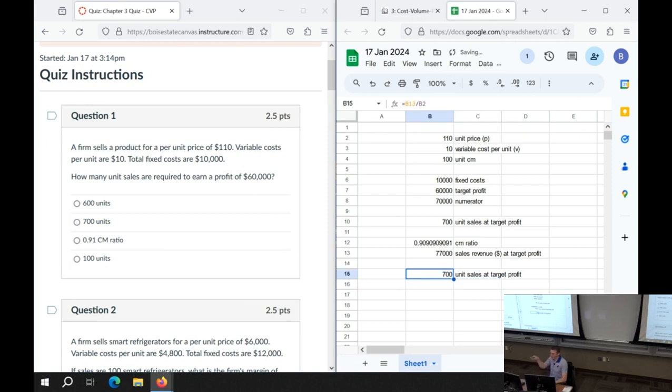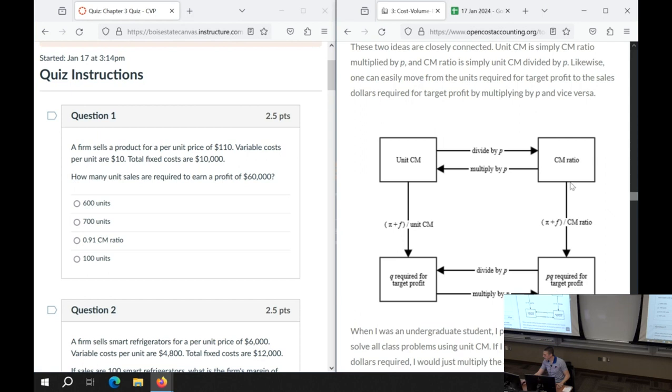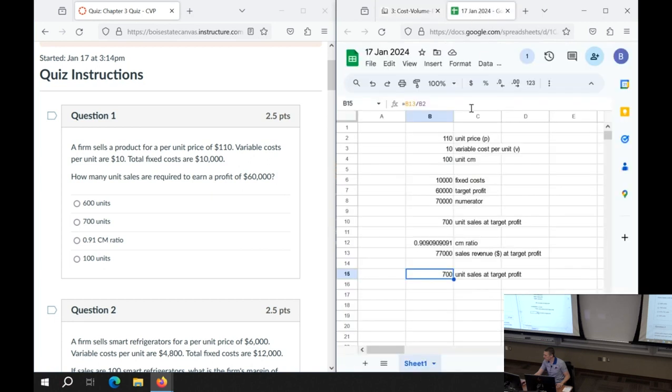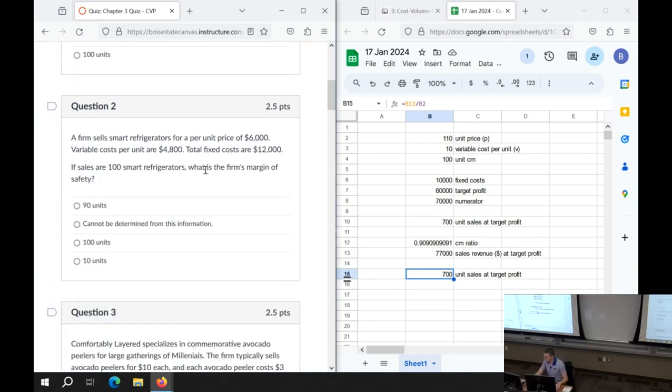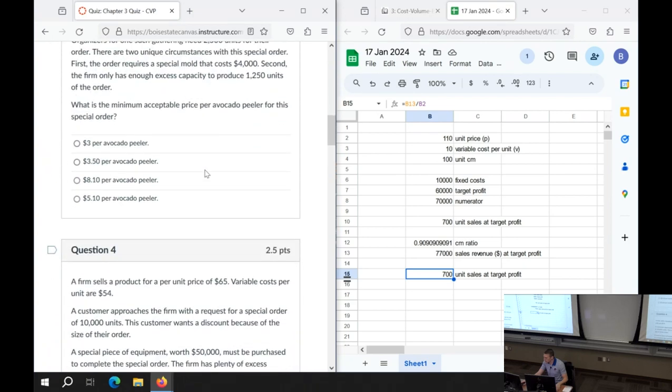So it's this big, lovely, squared circle sort of thing that you can just keep going around and around, figure out what all these are related to, because they're interrelations that are nice, and if you're mathematically minded, it just looks really beautiful to you. So 700. The point is, at the end of the day, that 700 units is the right answer. That's the Q at which we will earn $60,000, given this setup right here. Great, nice and easy. Let's go to a little bit of a different kind of question.